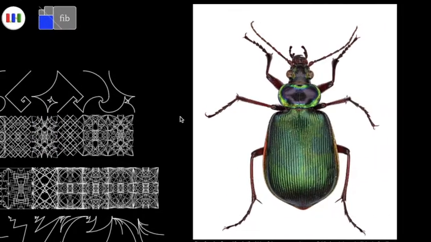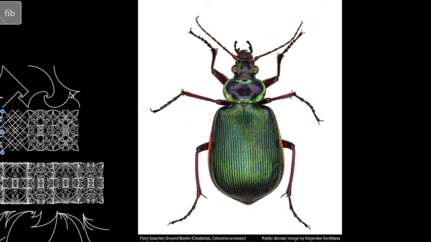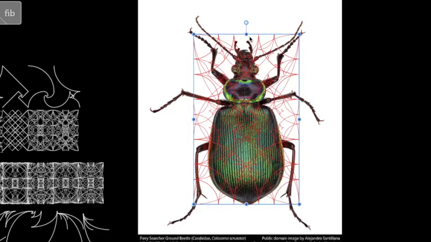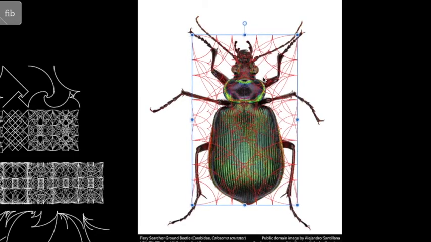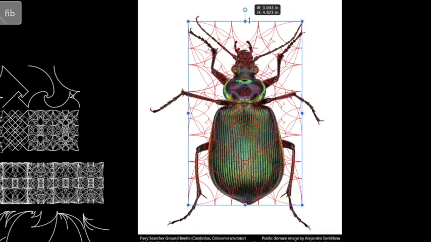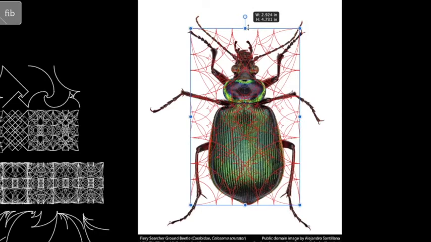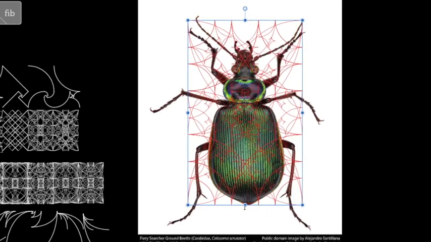The inverse of the phi spiral. Let's try that. And then we should be good. Yeah, I'll do the whole bug here.